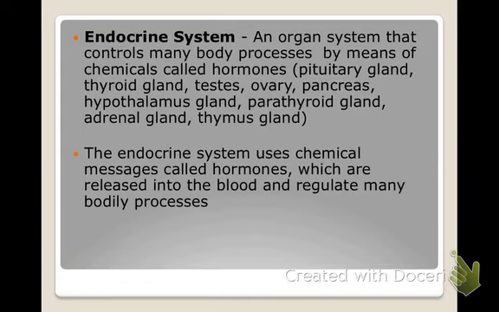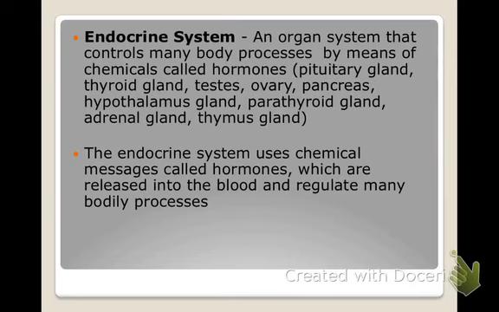Next, the endocrine system. So the endocrine system is an organ system that controls a lot of body systems because it releases hormones. The hormones are released into the blood, and they regulate a lot of body processes, like whether you're hungry, or puberty.